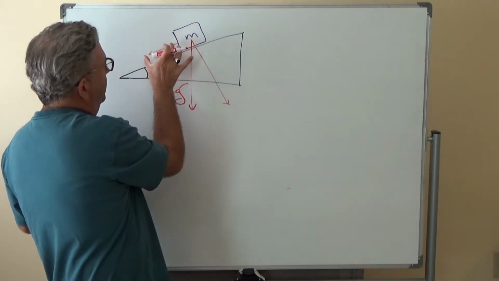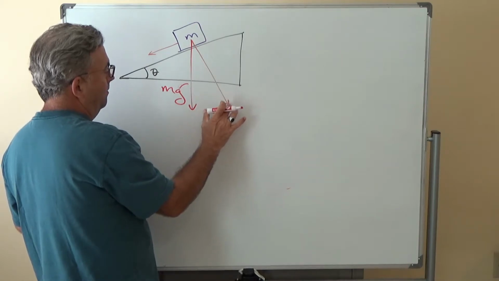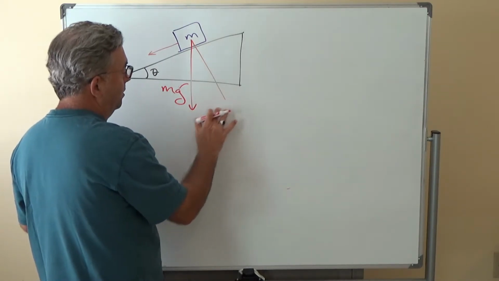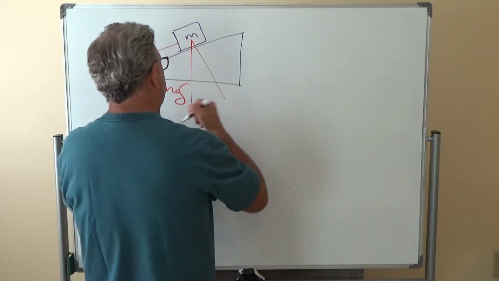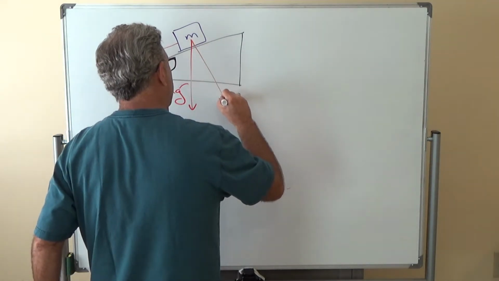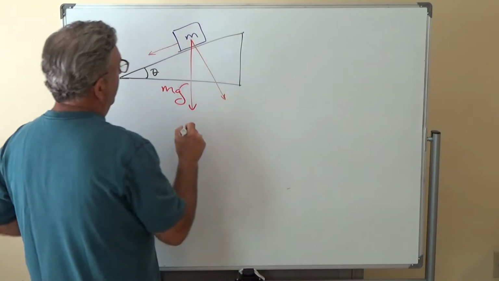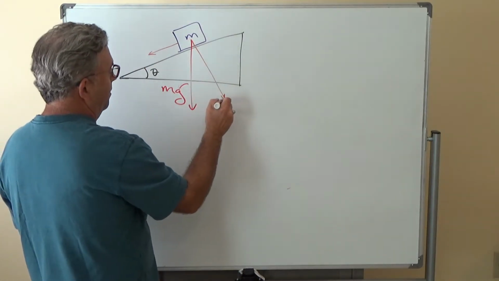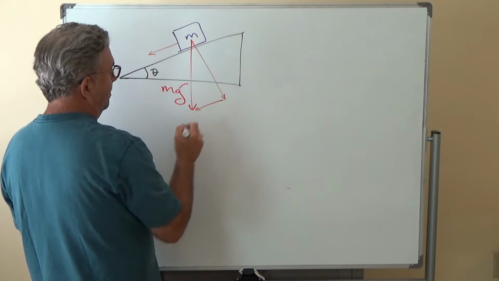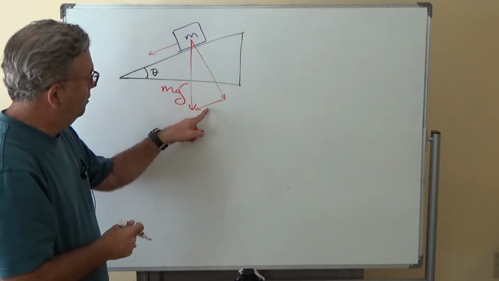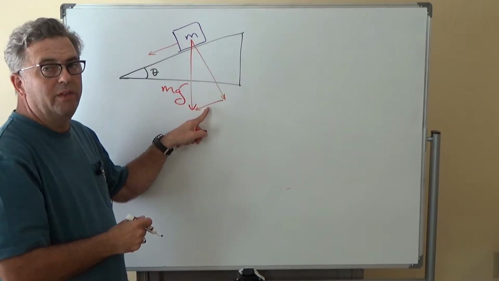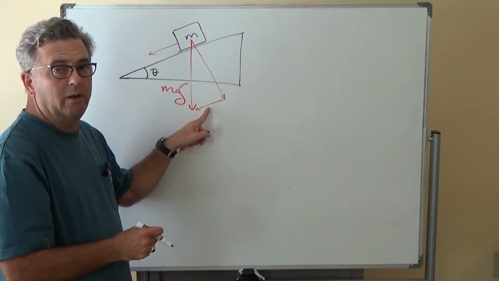I'm going to move this down to here. I'll shorten this just a little bit to make it look better. So I'll move this force down to here. That's not too bad. That's the force acting along the incline, or parallel to the incline.